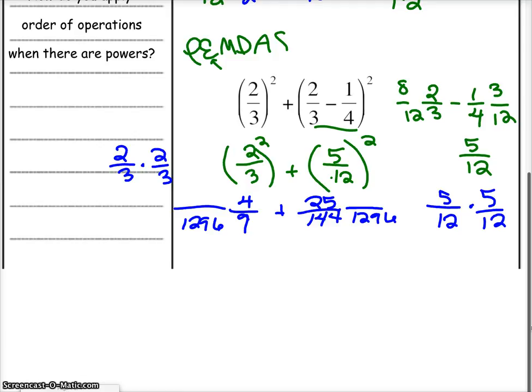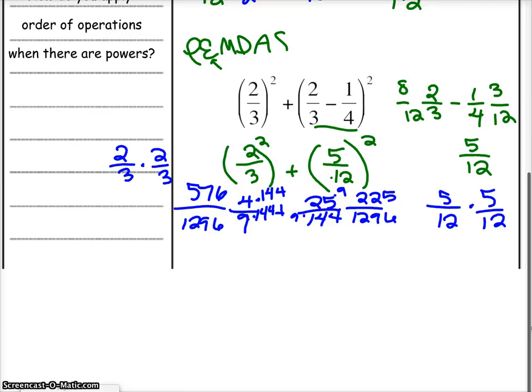So I need to times this by 144. 144 times 4 is 576. Oh no. So I times 144 by 9, so I need to times 25 by 9. 225.